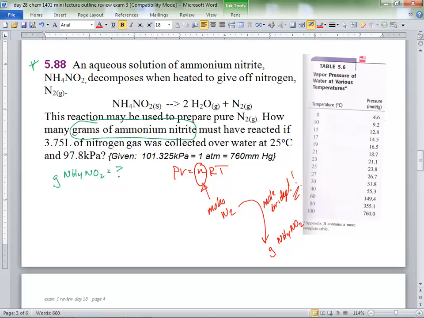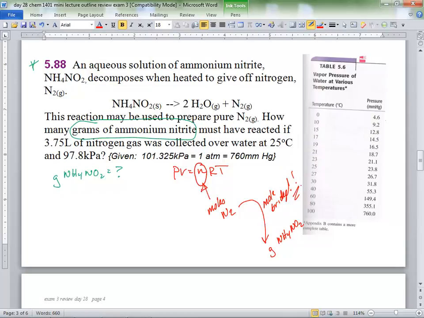Now, remember, one of these variables is off since you are collecting over water, right? What do you have to do? Use that chart. Now, our P needs to be in what units in this problem? ATMs, right? So we're going to have to convert this kPa to ATMs.